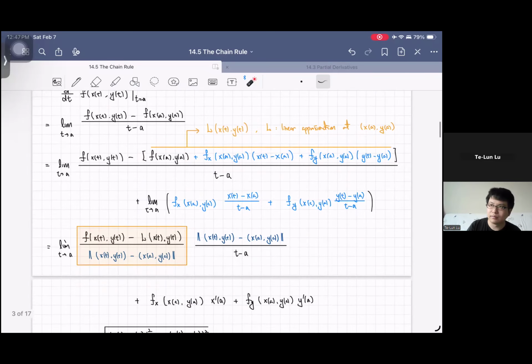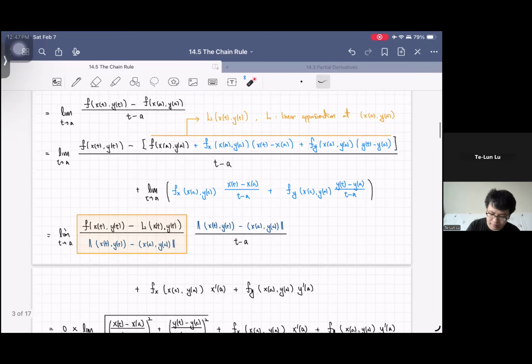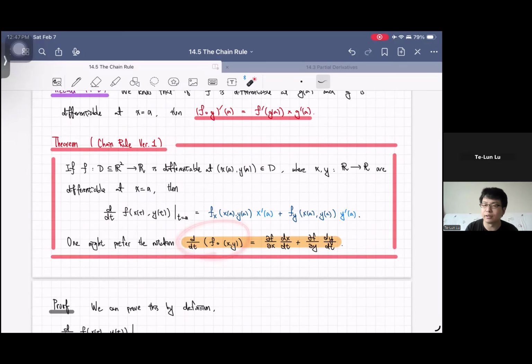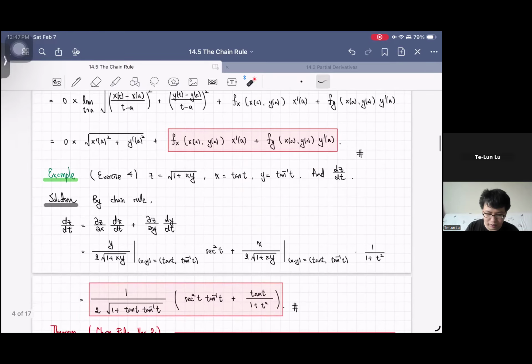And coincidentally, the extra term here is actually just what we want. So at the end of the day, we simply have that the composite function f circle (x, y), taking the derivative at t, is simply partial f partial x times dx/dt, plus partial f partial y times dy/dt. Right? So that is the proof, but again, the most important thing is the example.